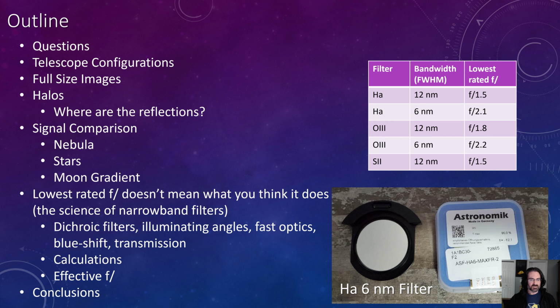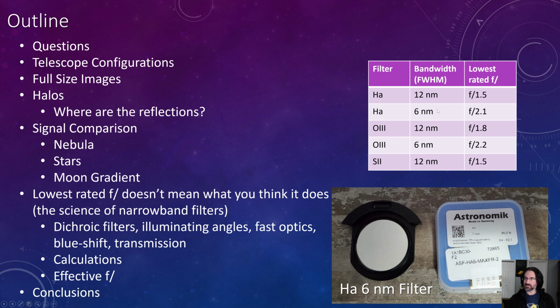So what I'll be looking at today is three wavelengths: hydrogen alpha, oxygen 3, and sulfur 2. I'll be looking at most of these with two bandwidths, 12 nanometer and 6 nanometer. Each of these filters is rated by Astronomik down to a lowest f-stop where they should function well.